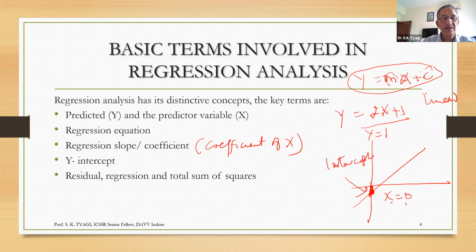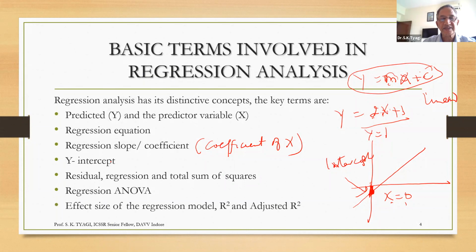Then we will come across terms like residual, regression, and total sum of squares. We will try to understand what these are. And regression ANOVA. Regression ANOVA will help you tell whether the regression model is significant or not.